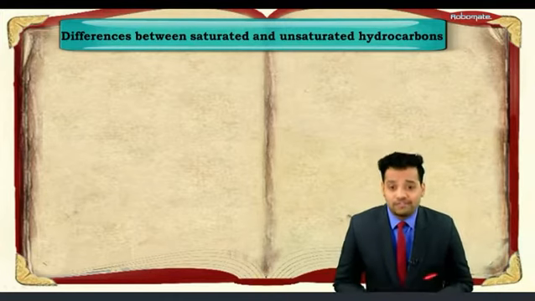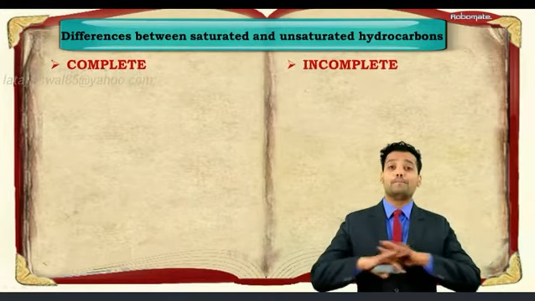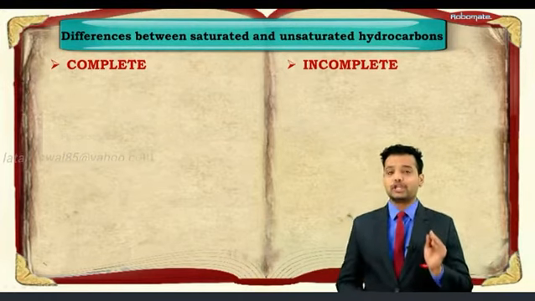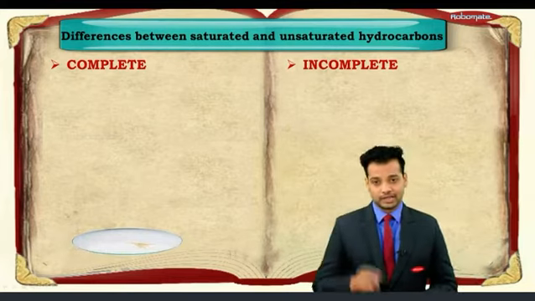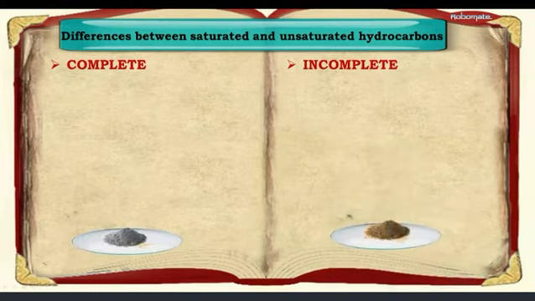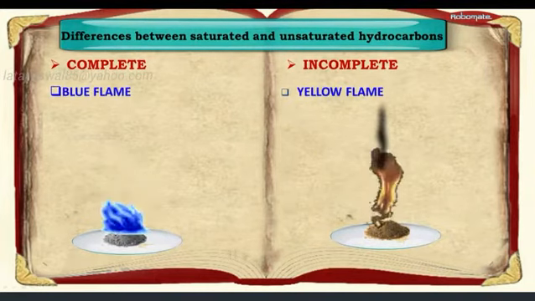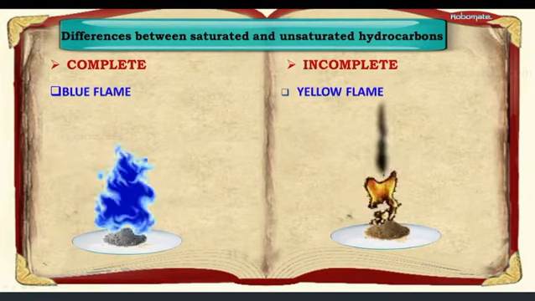So this is how you understand whether it is a saturated hydrocarbon or unsaturated. But there are even more differences in that. Like for example, saturated hydrocarbons go into a complete combustion, whereas unsaturated hydrocarbons go into an incomplete combustion. So how would you see that? Let's take 2 glasses, put saturated and unsaturated hydrocarbons. When you burn, you'll see a blue flame, and over here you'll see a yellow flame.